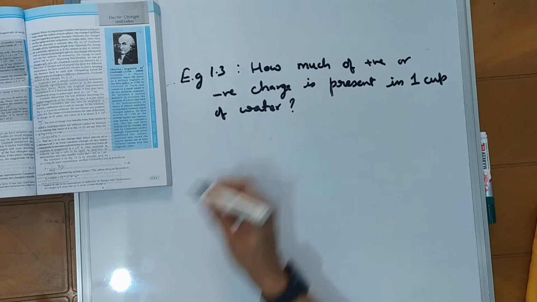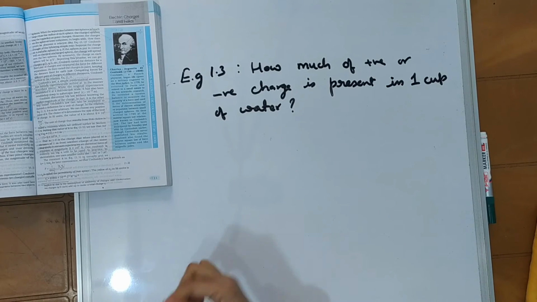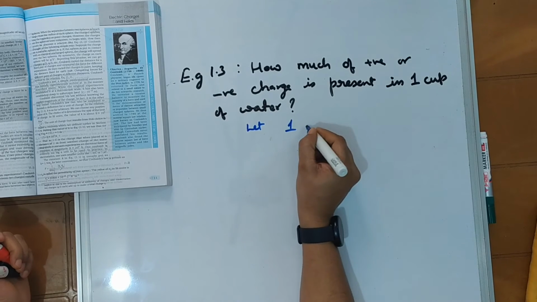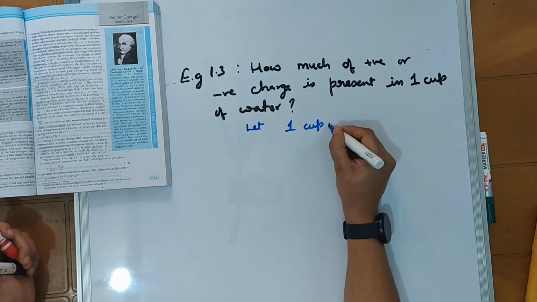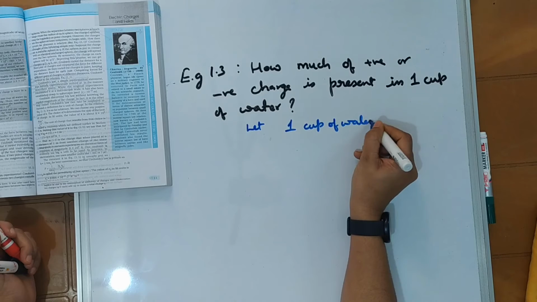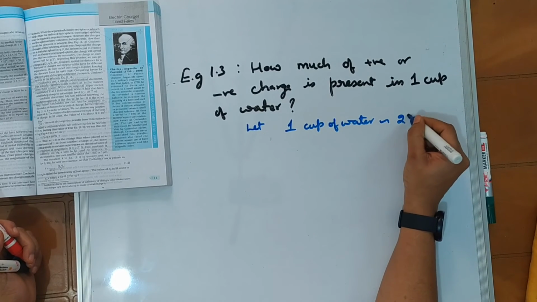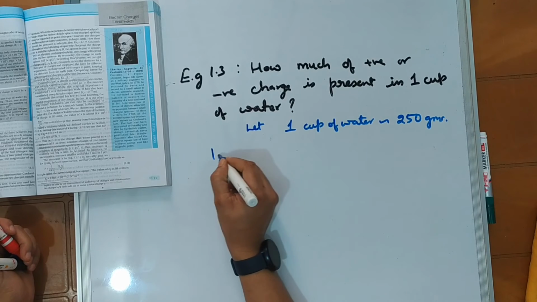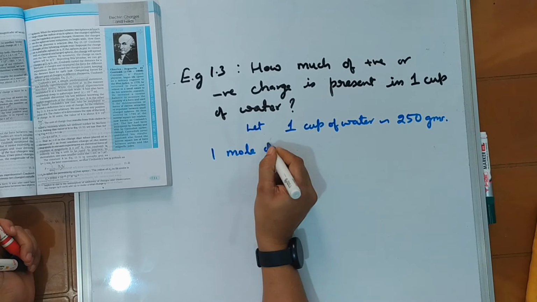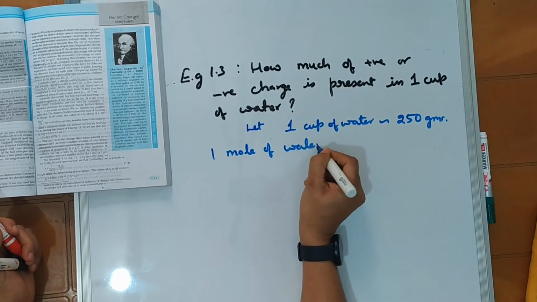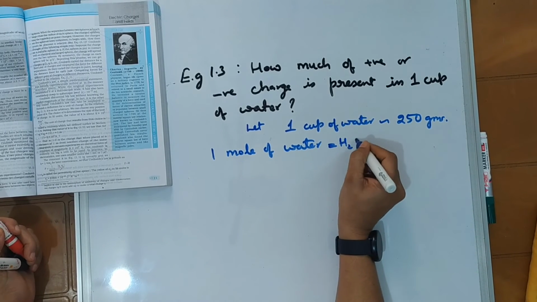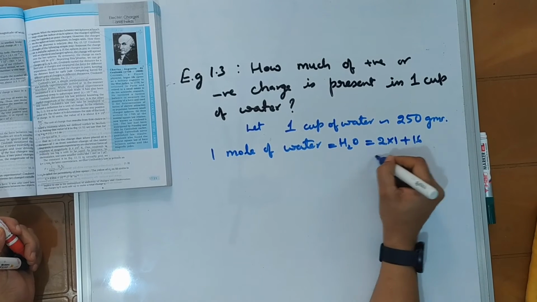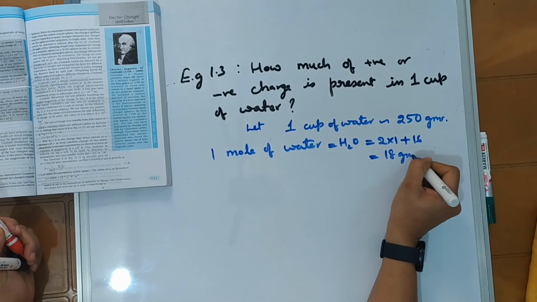Let us assume, it's only an assumption, that 1 cup of water is approximately 250 grams. And we know that 1 mole of water is what? It's H2O, so 2 into 1 plus 16, so 18 grams.